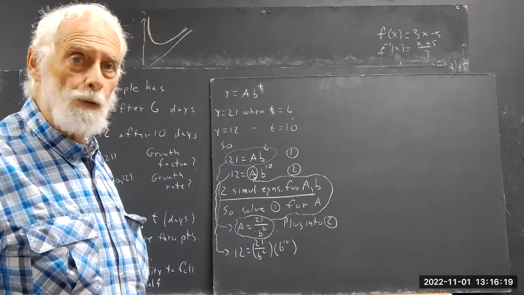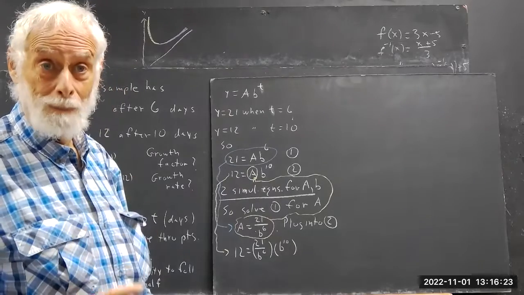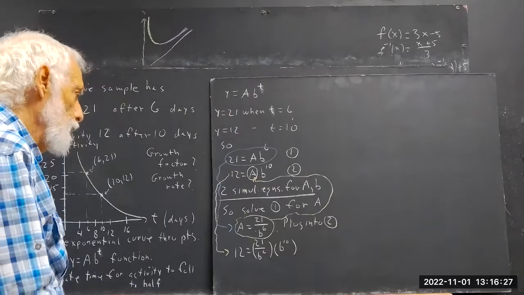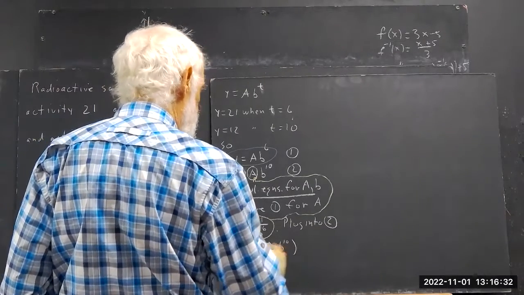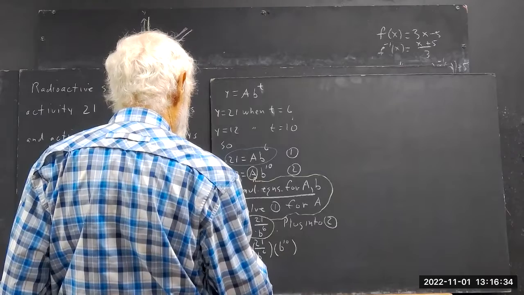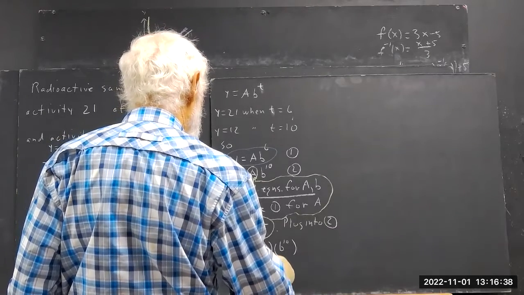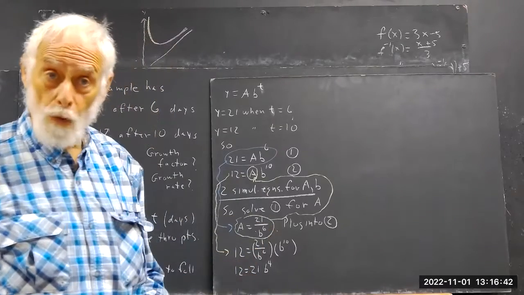Now, how many unknowns do we have in this equation? 1, which is B. So we can solve it for B. All we have to do is apply the laws of exponents. Well, first thing I'm going to do is simplify this side. B to the 10th over B to the 6th is B to the 4th.